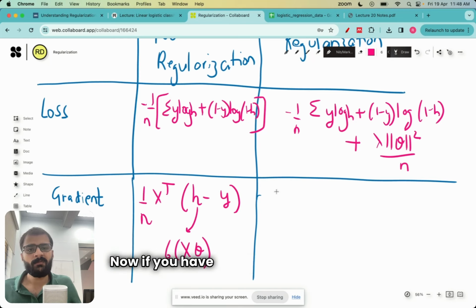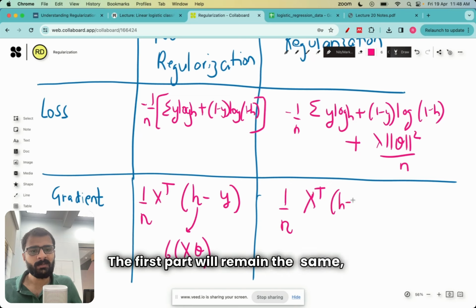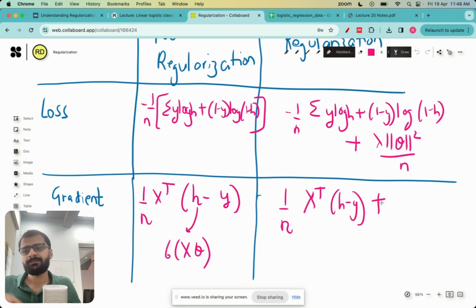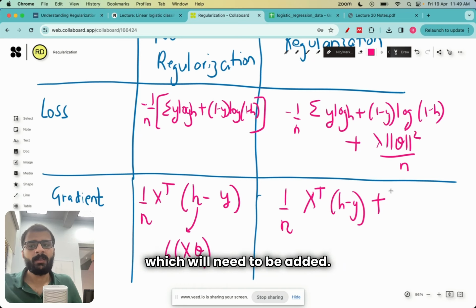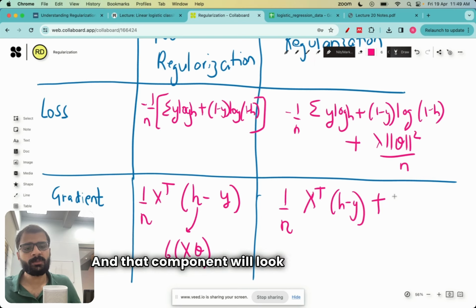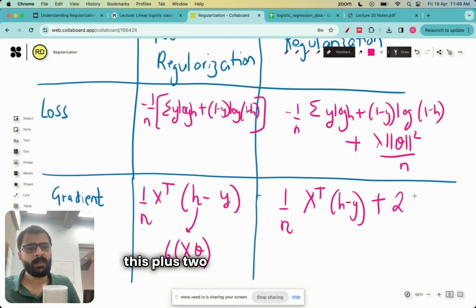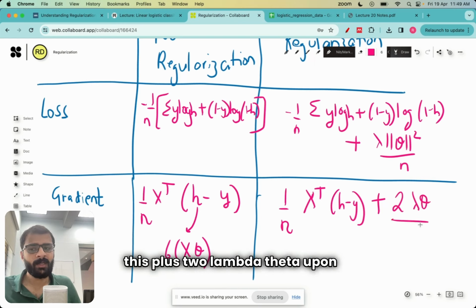Now if you have the regularization, the first part will remain the same, plus there will be an additional component which will need to be added, and that component will look something like this: plus 2 lambda theta upon n.